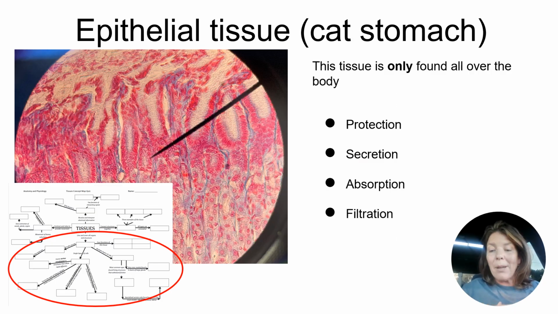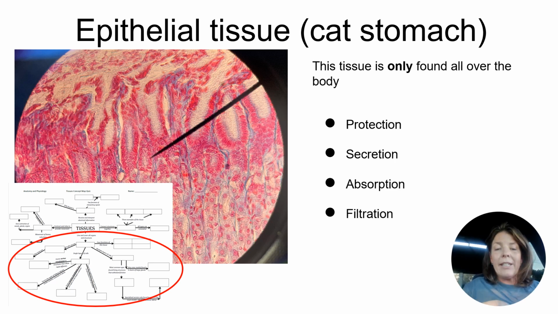Okay, we've wrapped up connective tissue, and we're going to move clockwise on the concept map. Look near 6 o'clock. Did you identify this grouping of tissues as epithelial tissue? Epithelial tissue is actually one of the only tissue types that we can find all over the body, from skin to the linings in ducts and glands, into our small intestine.